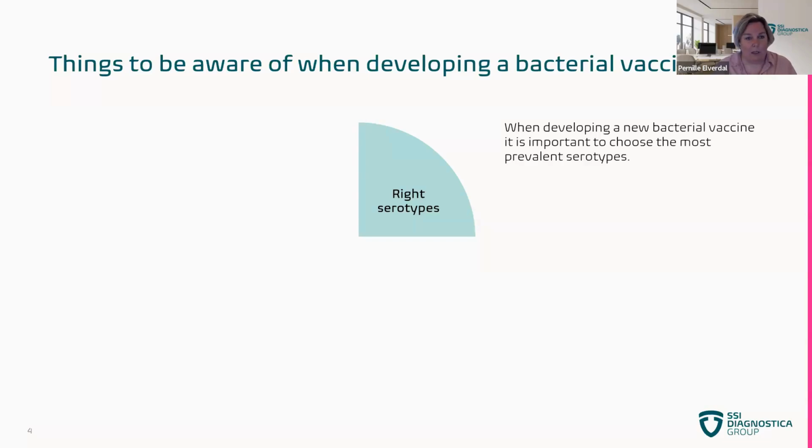So it's very important to look at the surveillance data to choose the most prevalent ones, so you can ensure your vaccine delivers the maximal public health impact, demonstrates efficacy and herd protection, and still maintains a relevant and feasible manufacturing process and cost.